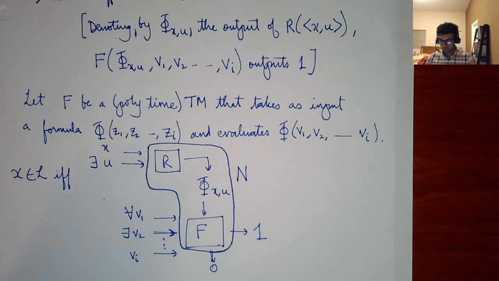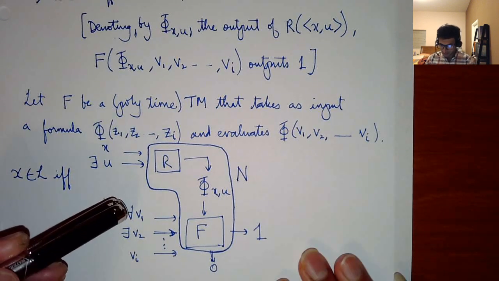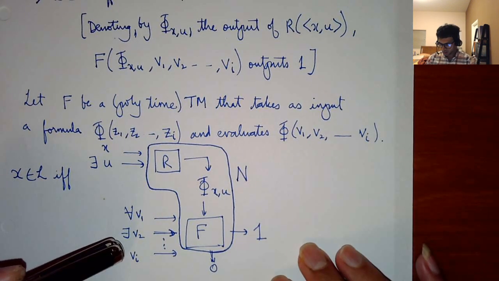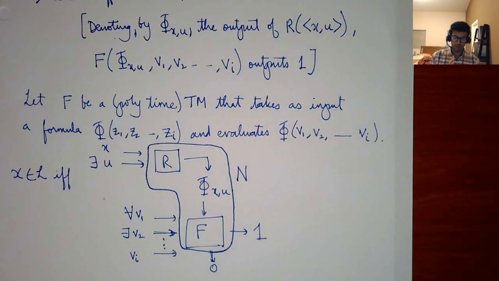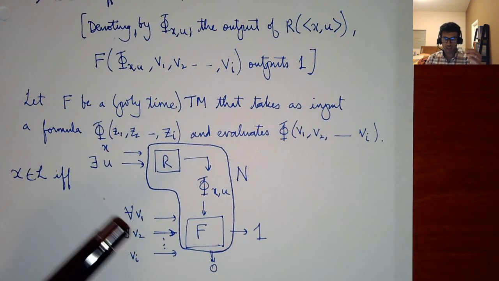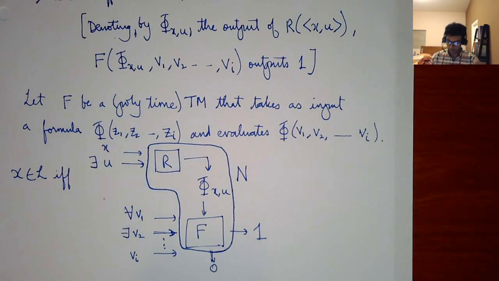This machine is N. It's a machine that's going to take i plus 2 inputs. It's taking the i inputs that are the Vi's, it's taking U as an input, and it's taking X as an input. There is all this quantification on these inputs, but the machine doesn't care about the quantification. The machine is just taking a bunch of inputs, and it's going to run R initially on X and U. It's going to get a formula. Then it's going to feed that formula to V1, V2.